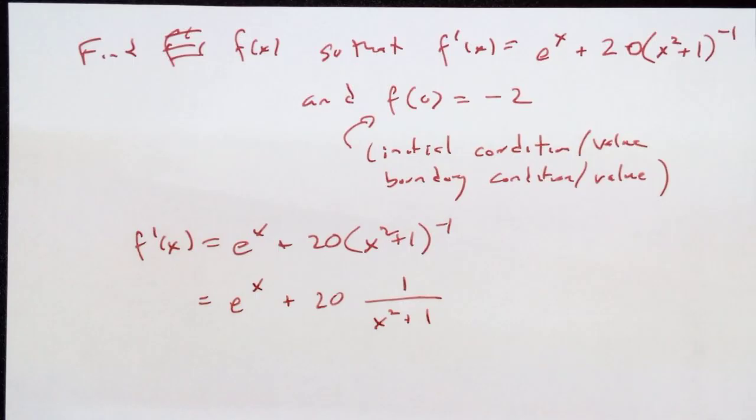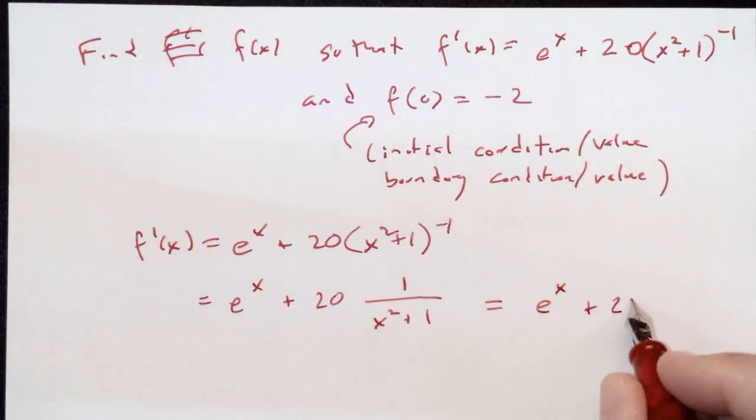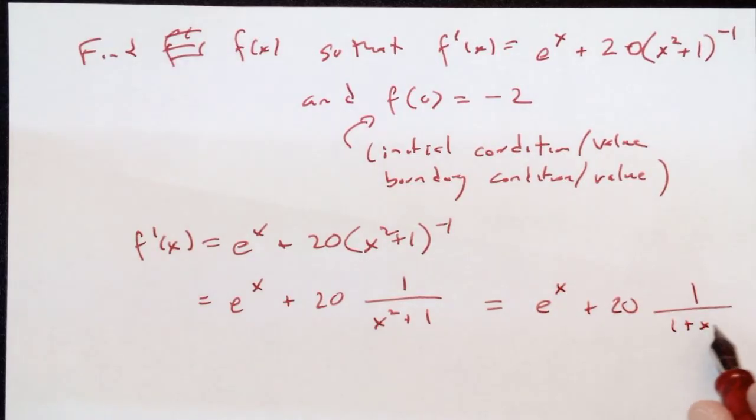Okay, wait a second. I saw something very similar to that just a couple minutes ago. Because that was 1 over 1 plus x squared, right? But nobody cares what order you add in. So this is the same thing as e to the x plus 2 over 1 plus x squared.